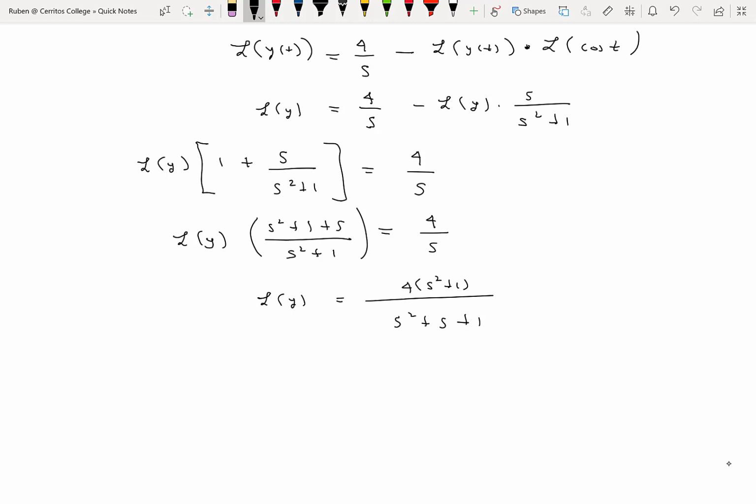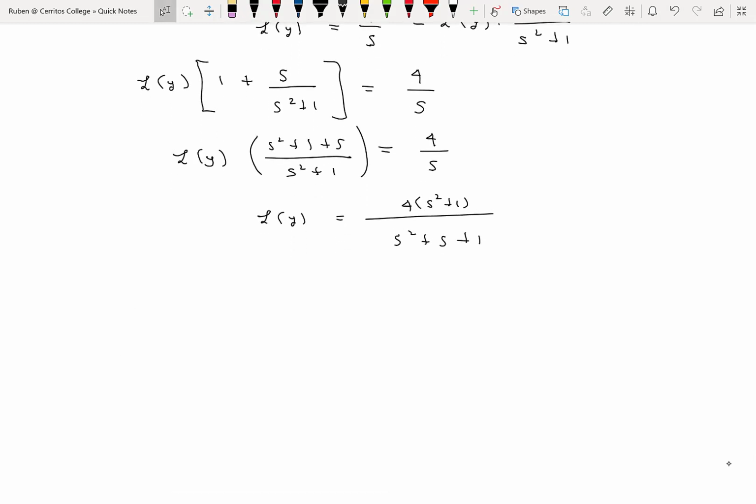So we're going to use some partial fractions here. I'm going to leave out the partial fractions work, which, as you very well know, can take like 10 to 15 or 20 minutes to do.